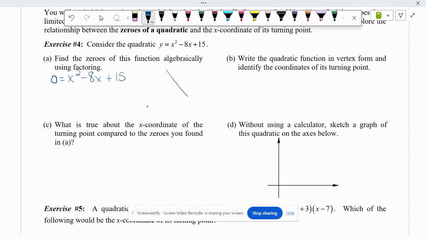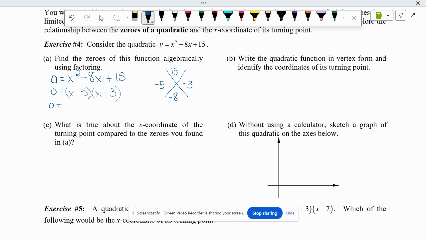And now we want to figure out what two numbers multiply together to give me a positive 15, that when I add them, I get a negative 8. Well, that looks like negative 5 and negative 3. So 0 equals the first factor, x minus 5, and the second factor, x minus 3.